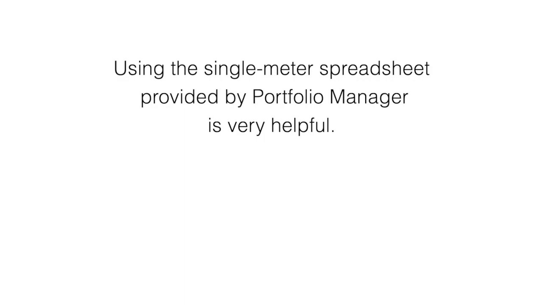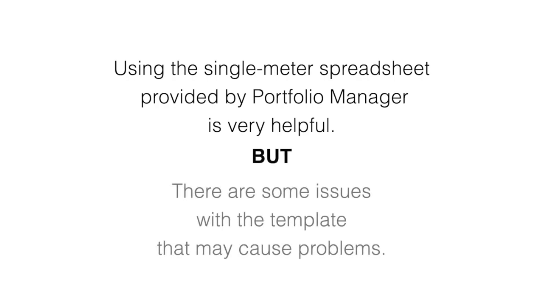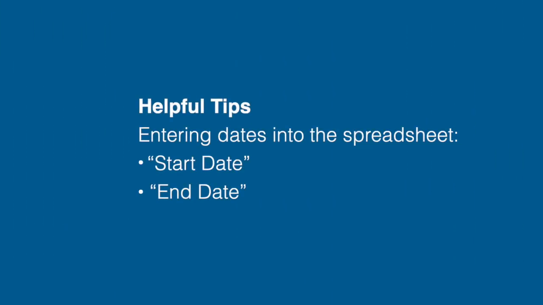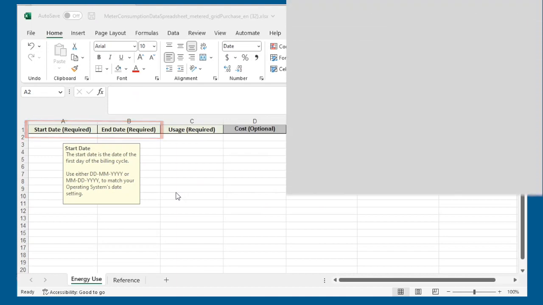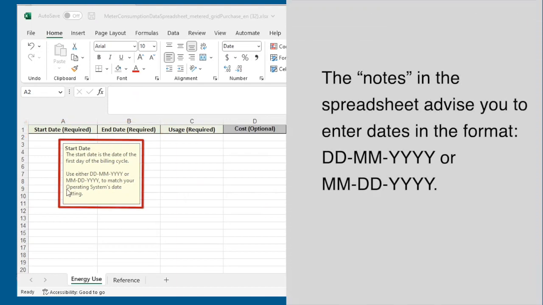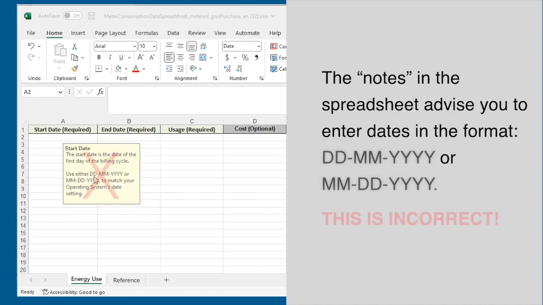Using the single meter spreadsheet provided by Portfolio Manager is very helpful, but there are some issues with the template that may cause problems. Here are some tips for entering dates into the start date and end date fields in the spreadsheet. The notes in the spreadsheet advise you to enter dates in the format day-month-year or month-day-year.